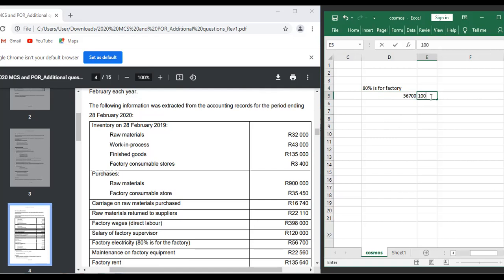We need to calculate our 80% for the factory. How do we calculate this? I will term it as X, our 80%. We need to calculate X. So how you do it, you're going to have your 80%.